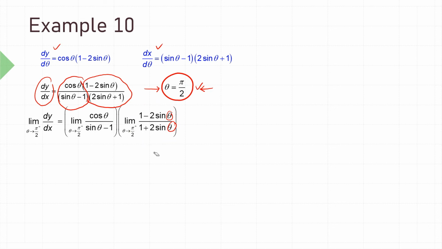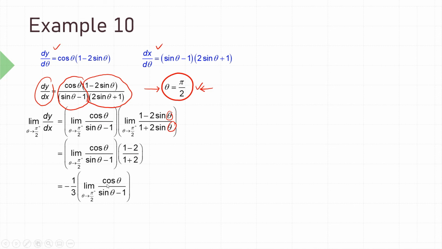For this one, hold on, let me tell you what we need to do. So we will have this. This one we don't do anything yet, but this one we substitute with theta equal to pi over 2, so we have this. Simplifying this, we get 1 minus 2, which is negative 1 over 3. So we will have negative 1 over 3 times the limit of this one.